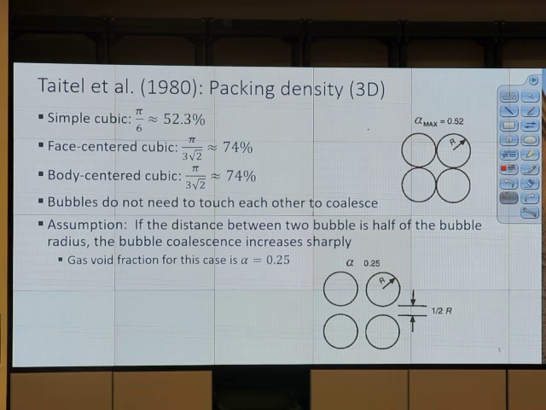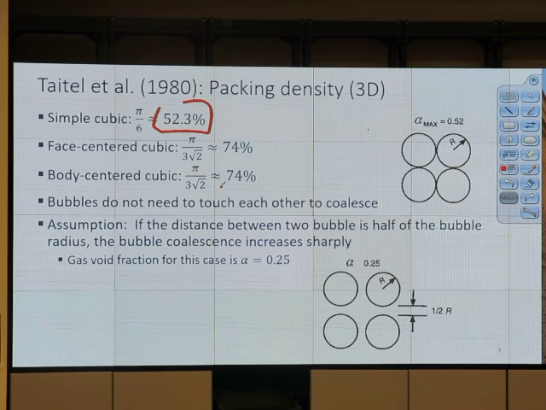In simple cubic, we have alpha about 52%. Face-centered cubic, 74%. Body-centered cubic, 74%. But they say, okay, that is the maximum void fraction. If the void fraction is more than that, then it should coalesce, right?